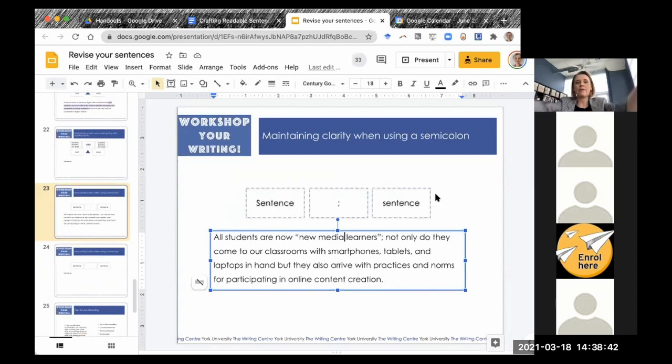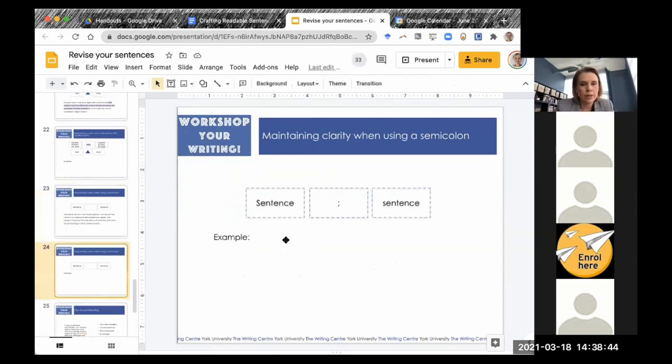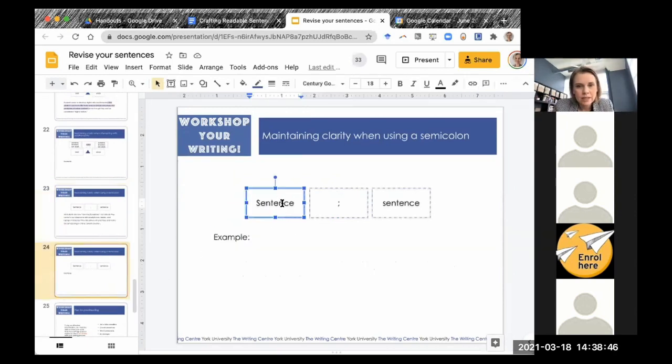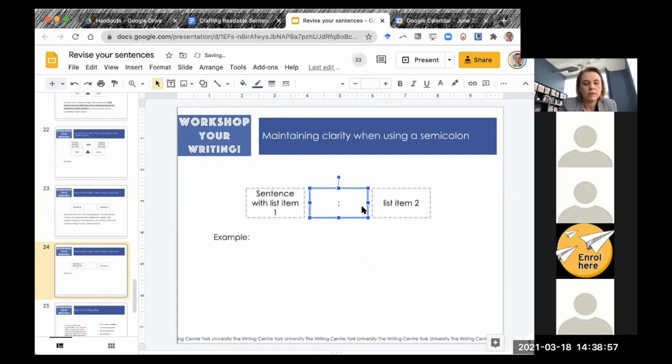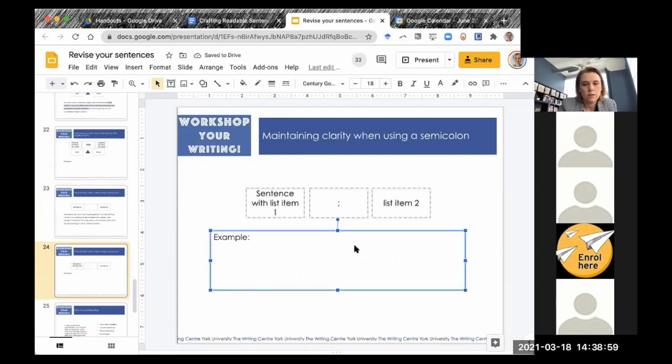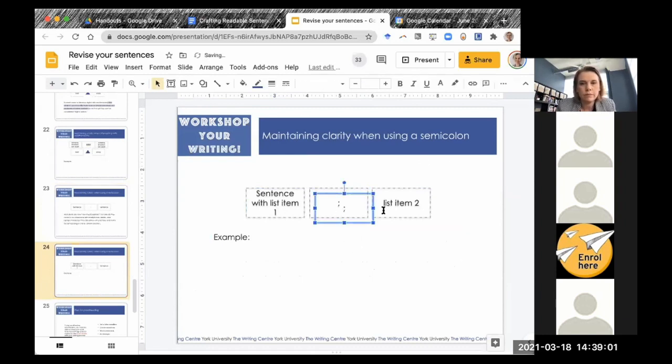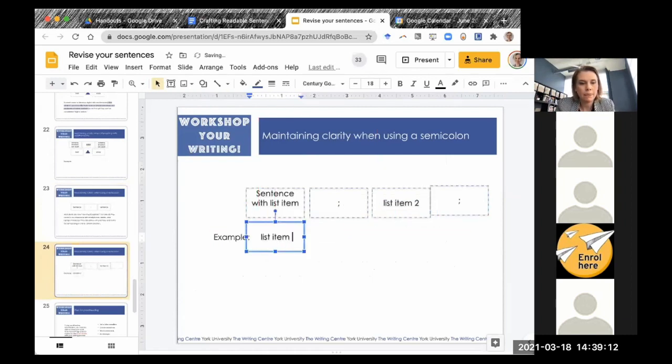So if you have a complicated list here, let me use this sentence with list item 1, and then this is list item 2, and then semicolon, list item 3. Okay, you see?